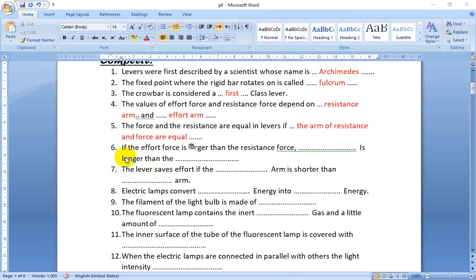Number 6, if the effort force is larger than the resistance force, that means what? Do you remember when we said that there is an inverse relation between force and arm?